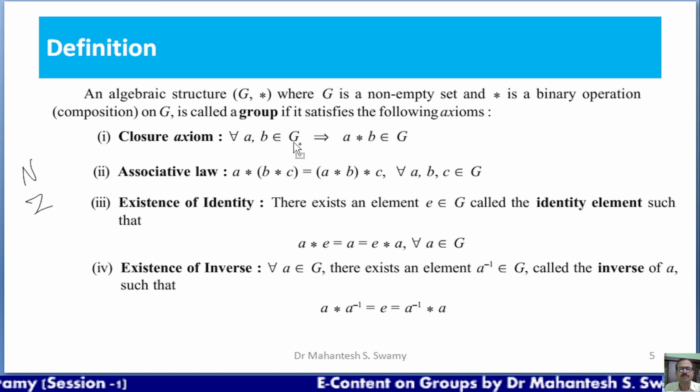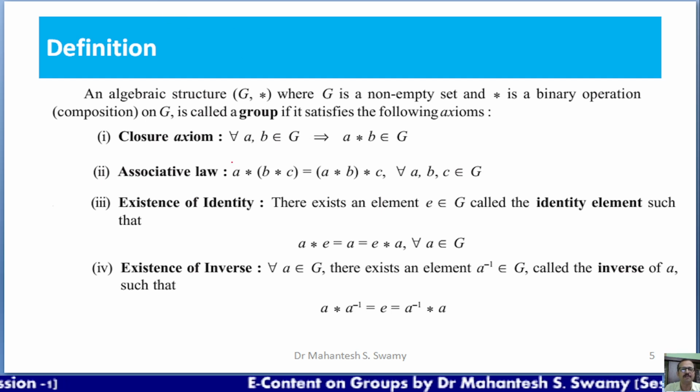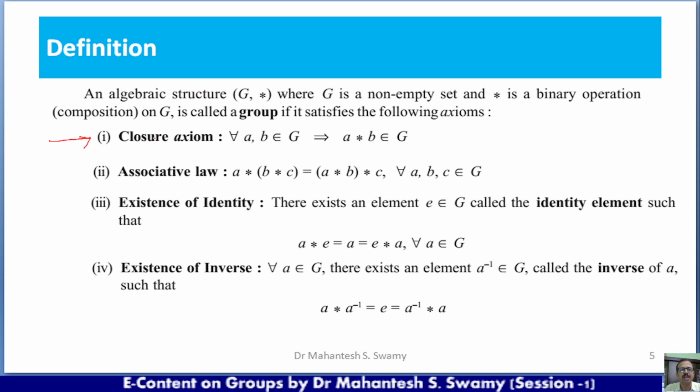Now on the set of elements G, which we have already shown here, suppose there is defined a binary operation star, which satisfies these important properties. What are the properties? The first one is the closure law.